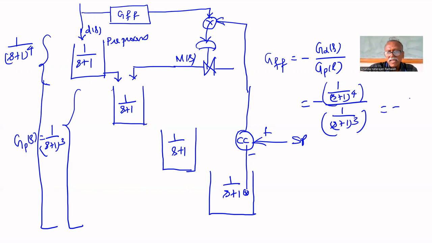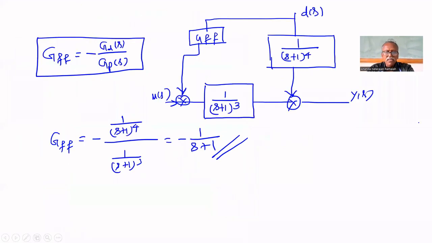That is equal to minus 1 upon s plus 1. That's what we have seen here. So GFF equal to minus 1 by (s plus 1). That minus sign we can put here. If you put a plus sign here, you would put a minus 1 here. That's all. Minus 1 by s plus 1.